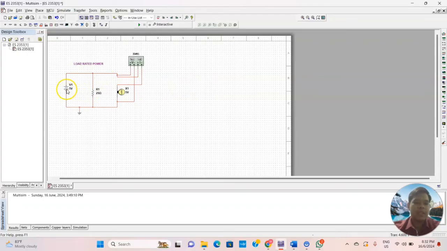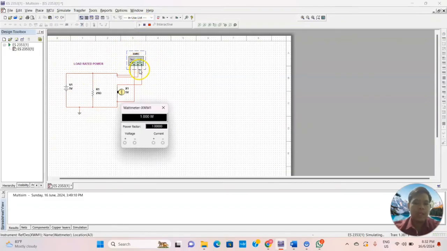This is the AC voltage; I am using 5 volt, a lamp and ground. So this is my circuit for the load rate power. When I simulate, we press the voltmeter, and it gives the value. This is my value of the load rate power. Thank you, that's all for me.